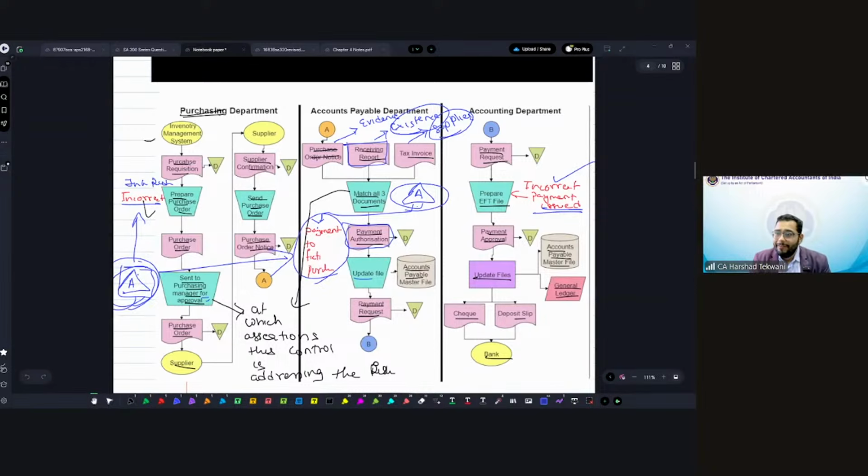Can anyone tell me now, based on this understanding, what components do you think this control has?